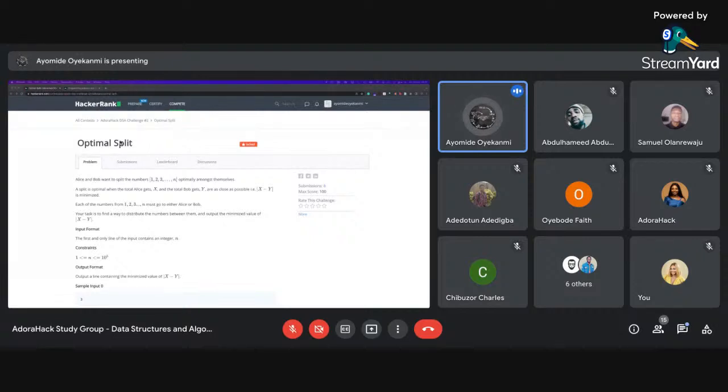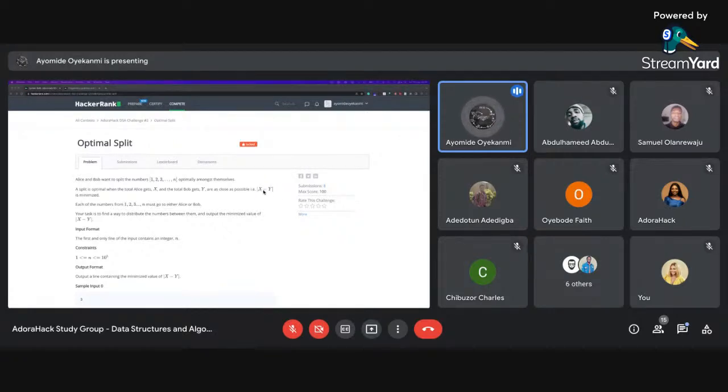The problem is called optimal split. Alice and Bob want to split the numbers 1, 2, 3, all the way to n optimally amongst themselves. A split is optimal when the total Alice gets, x, and the total Bob gets, y, are as close as possible.